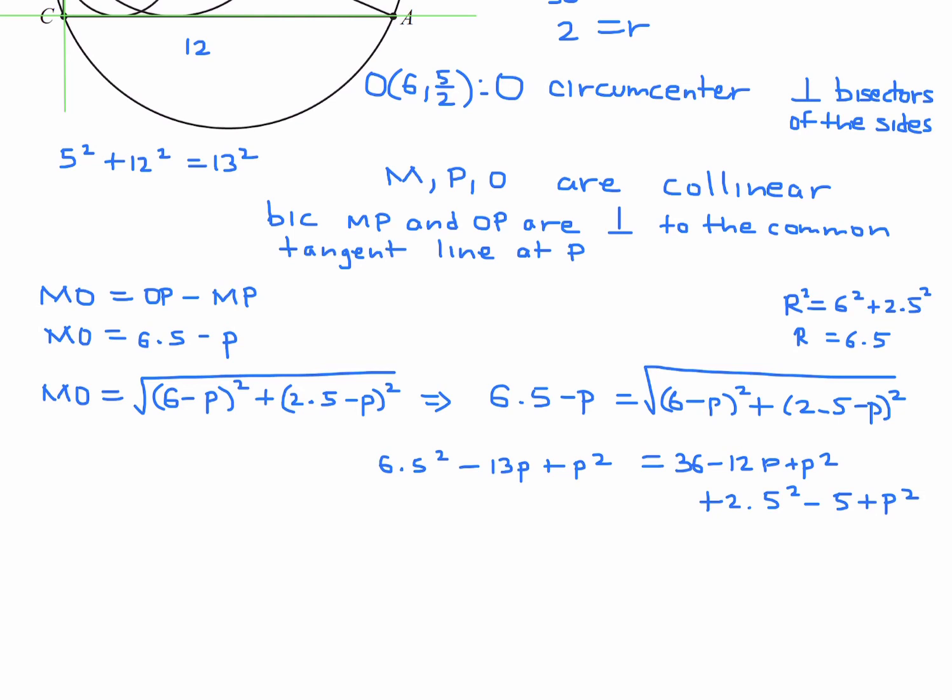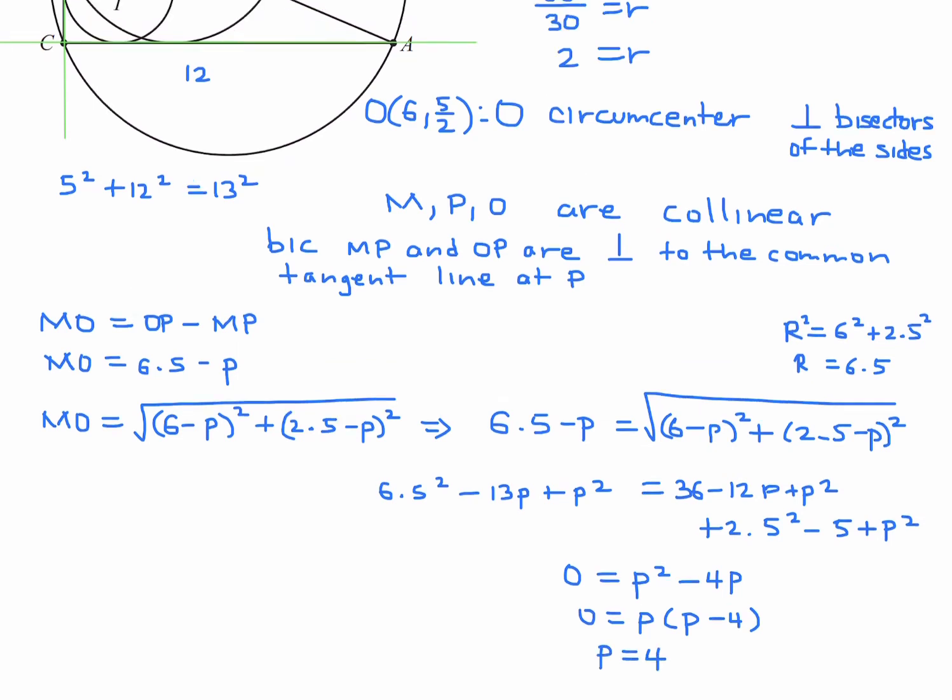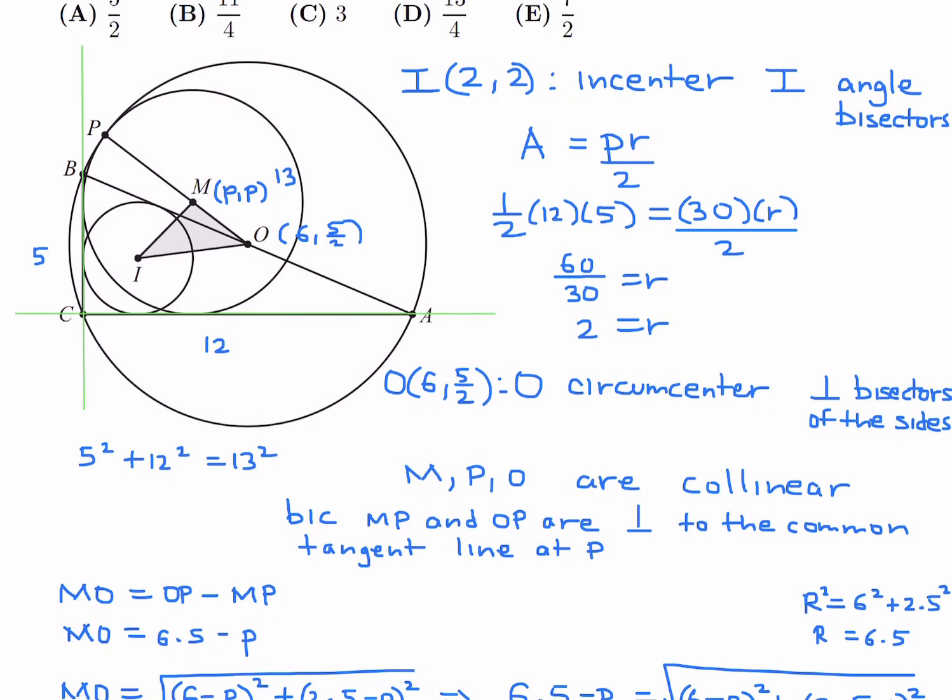And this we can easily collect like terms and put it all on one side, and you get P squared minus 4P. Factor out the P, and that gives you P times (P minus 4), and therefore P is equal to 4. So the radius of that circle is 4, therefore (P, P) is (4, 4). So M is (4, 4).